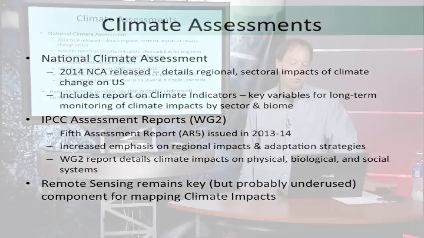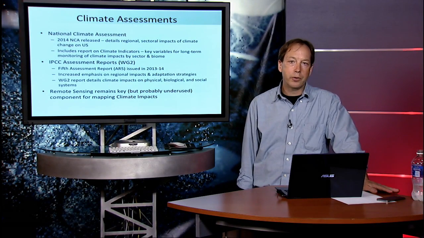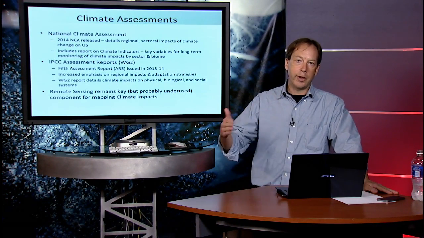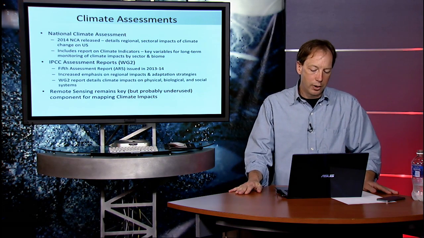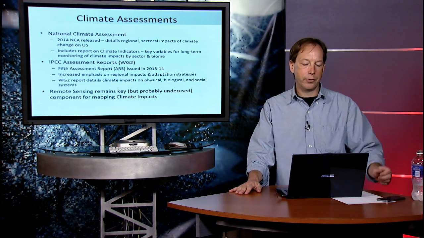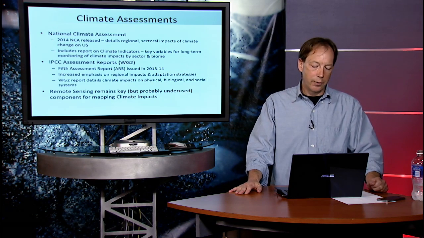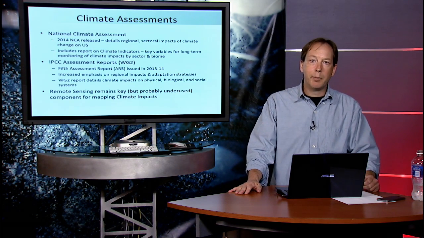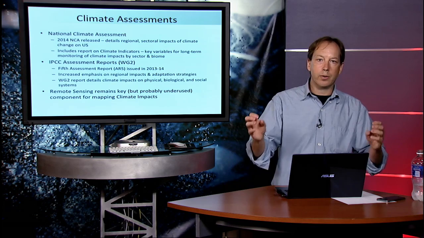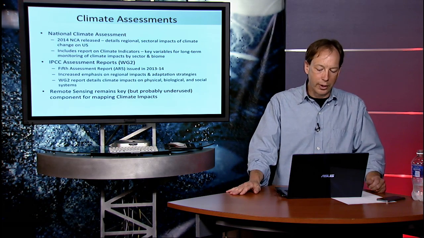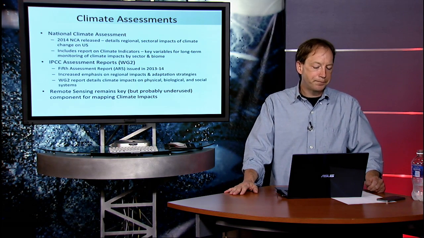So these are key variables for long-term monitoring of climate change and impacts on biology and the physical systems within the nation. Things like changes in forest biomass, changes in hydrologic storage and runoff, and the like.